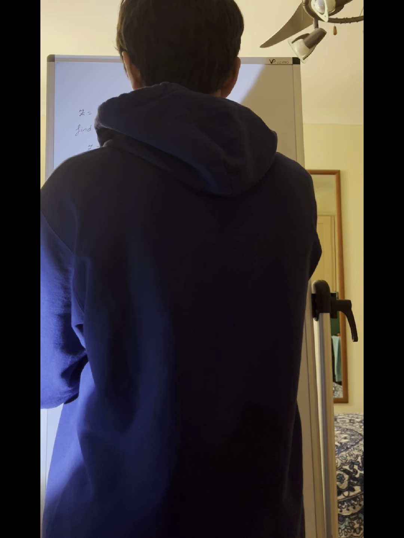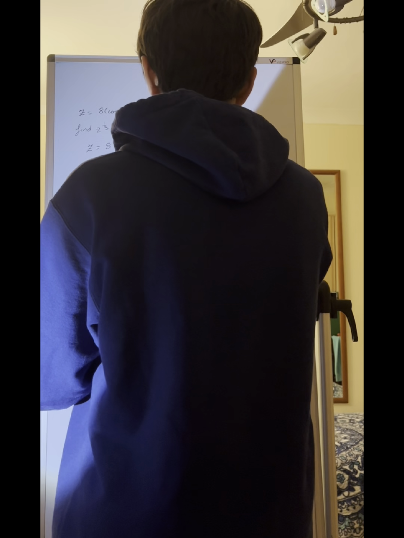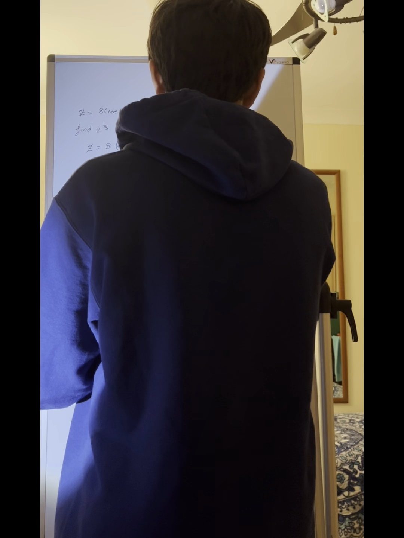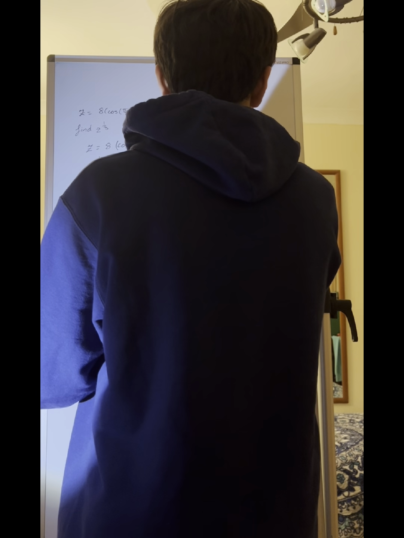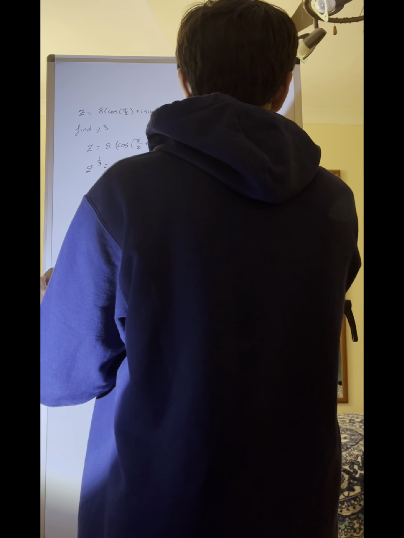So we have z to the 1/3 is equal to 2 cosine of pi over 6 plus 2 pi k over 3 plus i sine of pi over 6 plus 2 pi k over 3.